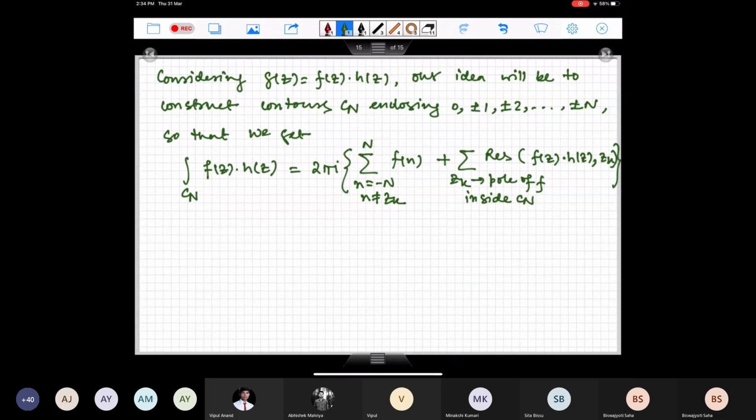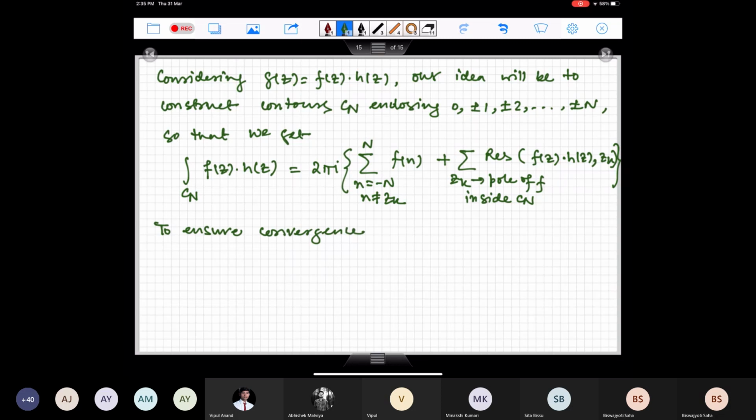Of course, I have not said anything about f very precisely, so those things will be clear in the examples that we will do, but nevertheless I have to put certain conditions on the growth to make sense of the convergence. So we will put some kind of hypothesis to ensure convergence.